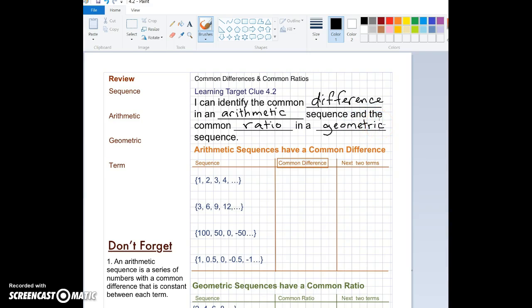So make sure that you have that written down. That's our clue, and that's what we'll be doing today.